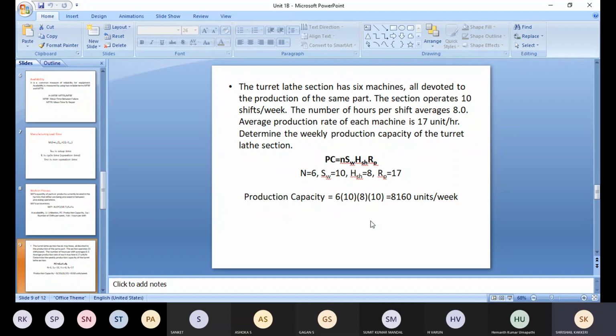Find the weekly production capacity of the turret lathe. So the production capacity is N, SW, SH, RP. Please go through this once again. Please kindly read it. If there are any problems, I can explain.